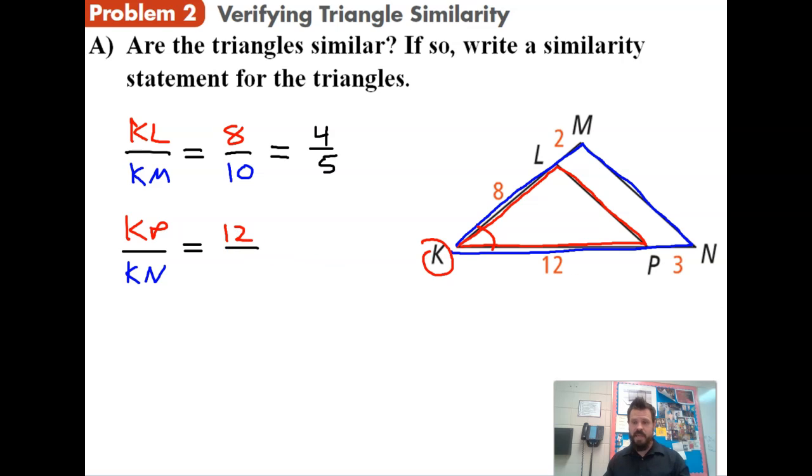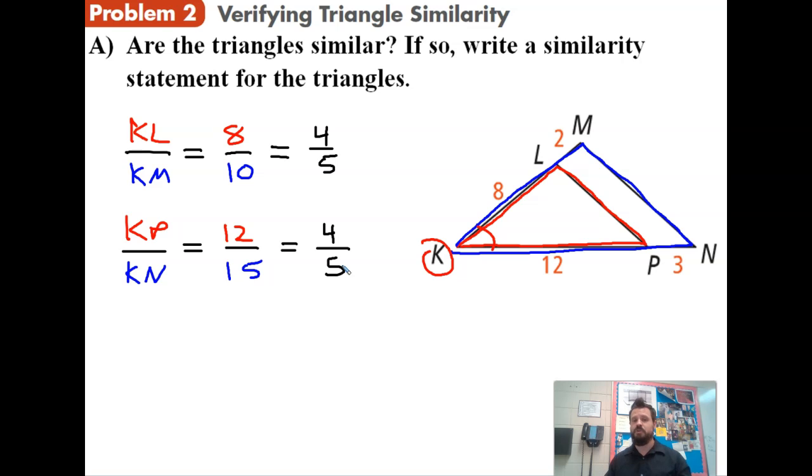We'll do that over KN, which is 12 plus 3, 15. Both 12 and 15 are divisible by 3. 12 divided by 3 is 4. 15 divided by 3 is 5. Okay, we get that same 4/5 ratio for both those sets of sides. Therefore, we'd say they are proportional.